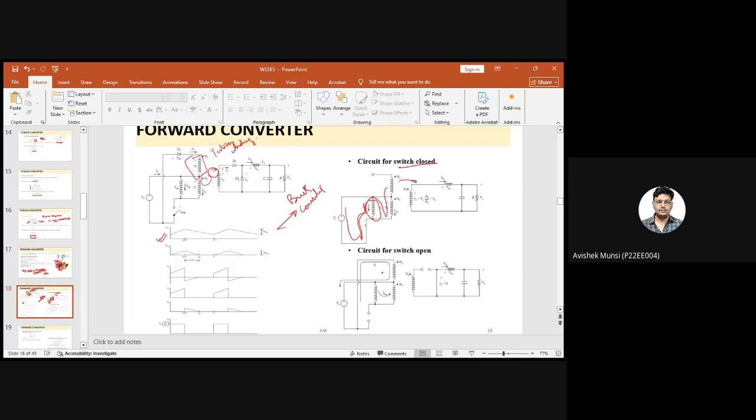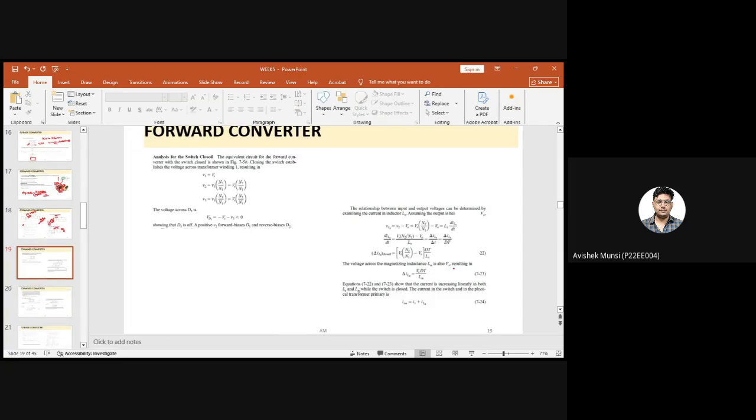And when the switch is open, this inductor gets charged and then is sent back to the secondary circuit. But the secondary diode is reverse biased, so we will not get voltage again, but this inductor getting charged will keep charging this capacitor. Okay.